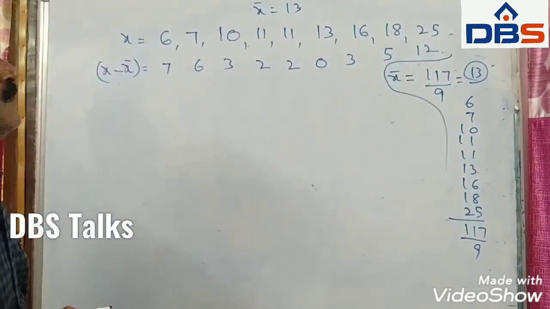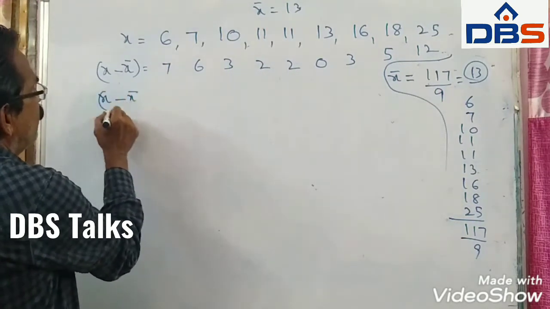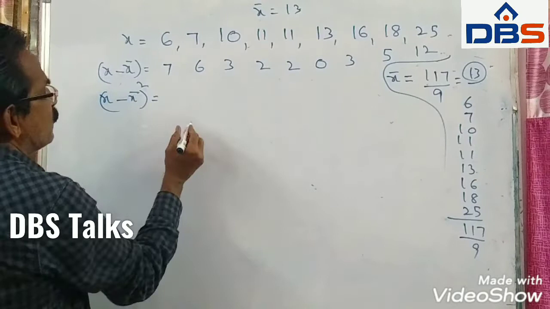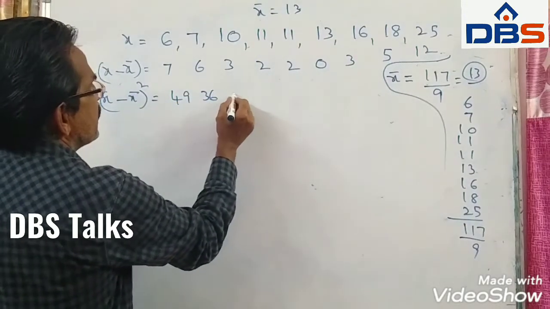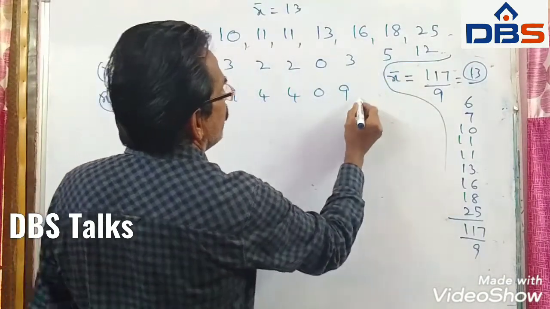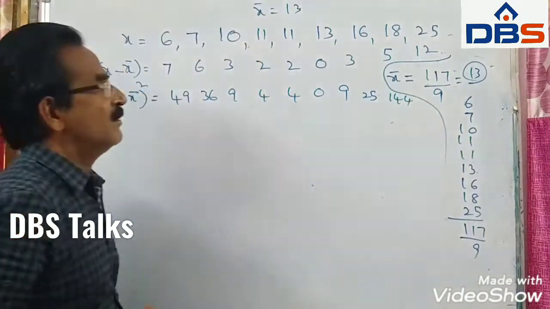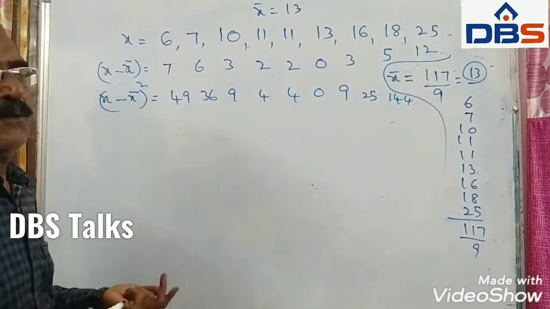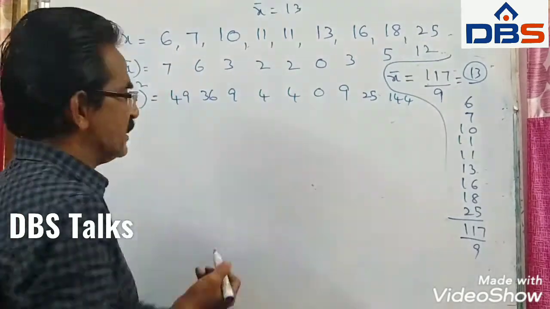Now, what we have to do is x minus x bar whole square: 49, 36, 9, 4, 4, 0, 9, 25, 144. Now the variance is the average of all these things.